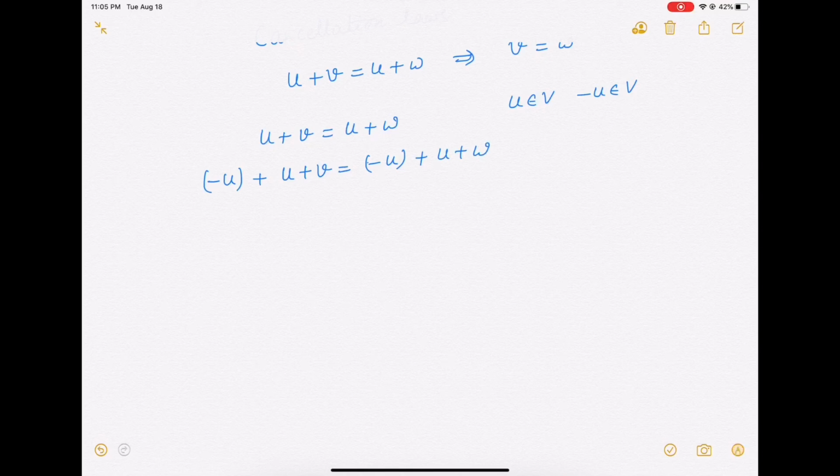Now using the associative law, minus u plus v gives you minus u plus w.